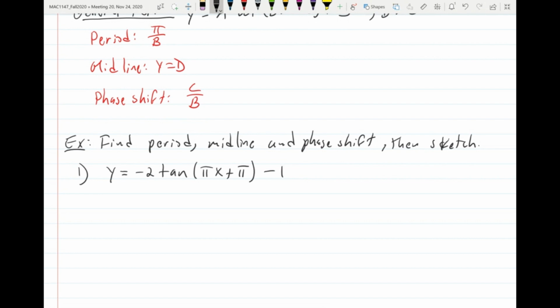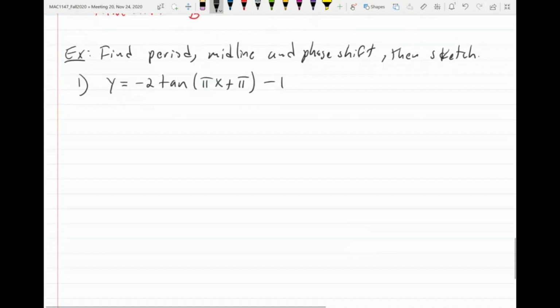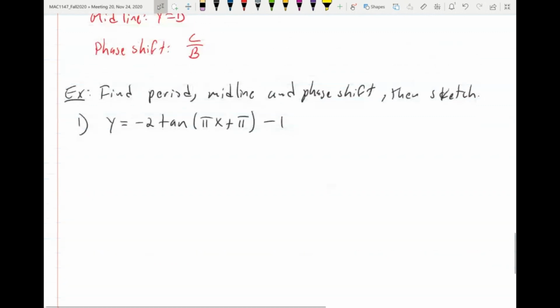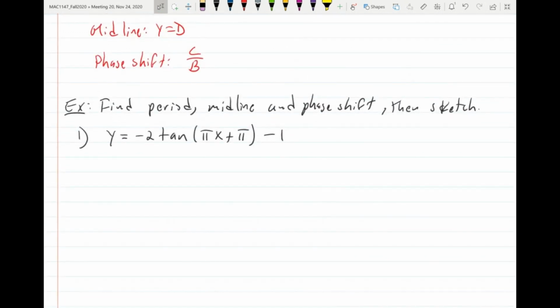Okay, so let's do this one right here. So -2 times tangent of pi x plus pi. So the first thing that we need to do is make sure that this is in standard form. And remember, the standard form requires a minus instead of a plus. So we should just fix this a little bit and write it as minus minus.